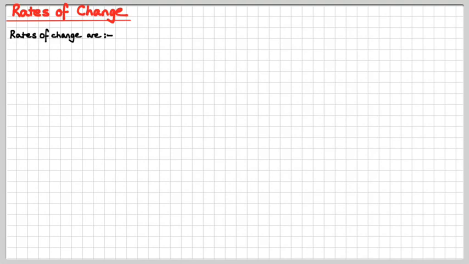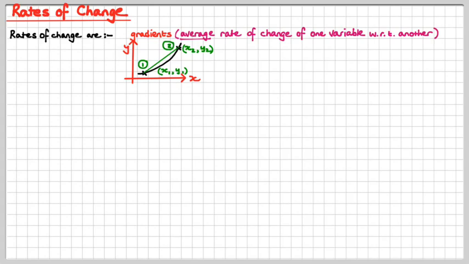Rates of change are, in a mathematical sense, either gradients. This is the first thing they are. Gradients, e.g. the average rate of change of one variable with respect to another. Now I've got a y here, I've got an x here.